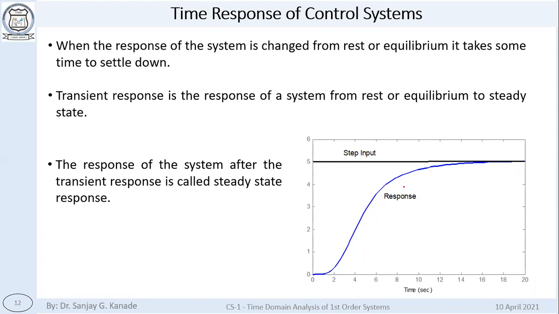When we say it is controlled at a particular set of parameters, it means it is now in equilibrium. When some disturbance occurs in the system, the system responds to it and tries to attain equilibrium again.